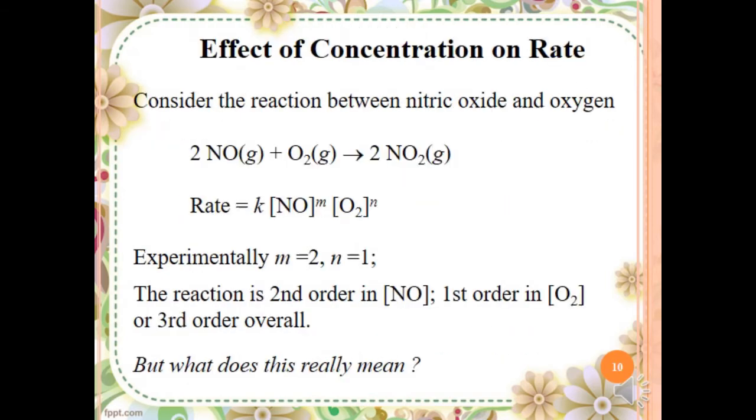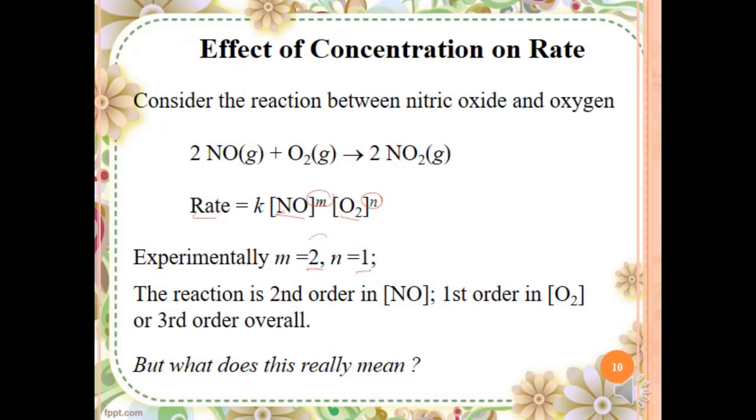So consider the reaction between nitric oxide and oxygen here. The rate is written in terms of the nitric oxide concentration and also oxygen. So the order of the reactants here is 2 for nitric oxide and 1 for oxygen.